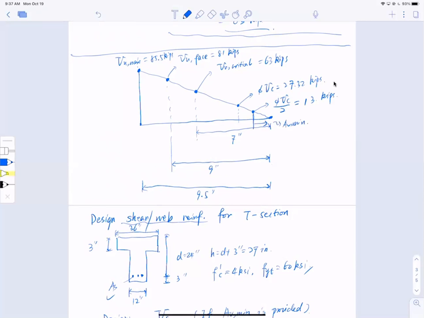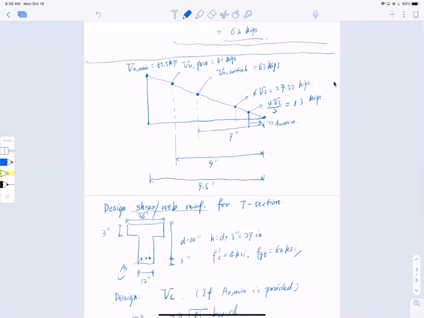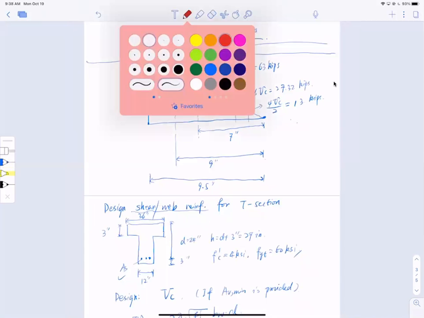Now I can start to envision things. Before I get into calculation, let me find a distance first. I'm going to use red here because these are a little bit different.